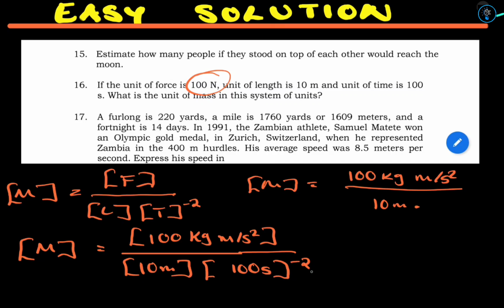Then for 100 seconds, we have 100 to the power negative 2. That gives us 10 to the power negative 4, and the seconds will have the power of negative 2.